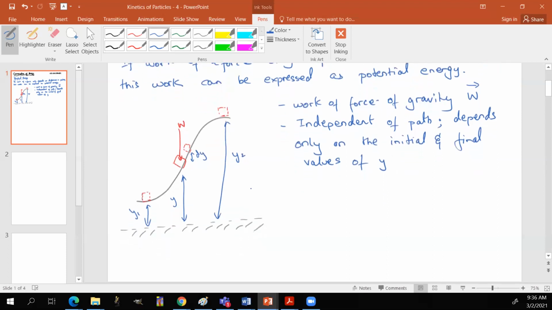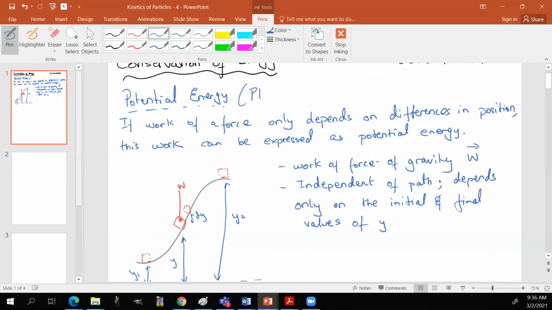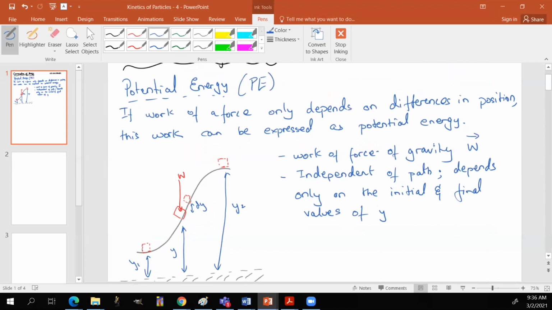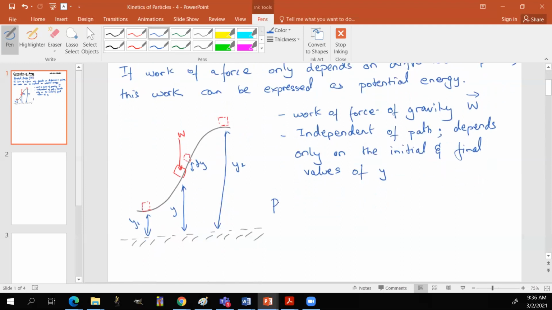All right. So if we take a look at the potential energy, which, by the way, kinetic energy, we said KE, potential energy, we'll say PE, right? So the potential energy, we refer to it with the letter capital V. And here, because it's due to gravity, we'll put a subscript G. That is the work done due to change in height y, right?